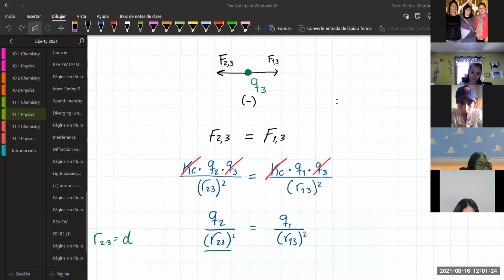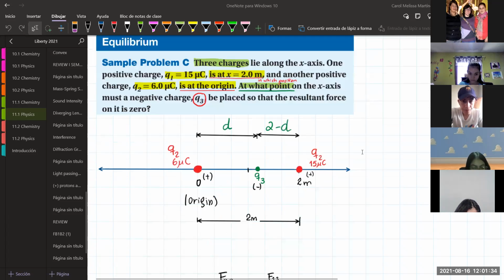Now let's focus on R13. Again, I go back to the sketch and I look for the distance between Q1 and Q3.